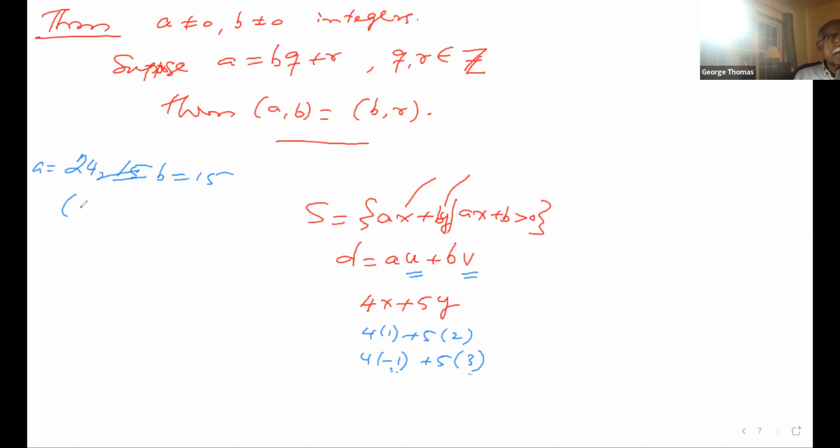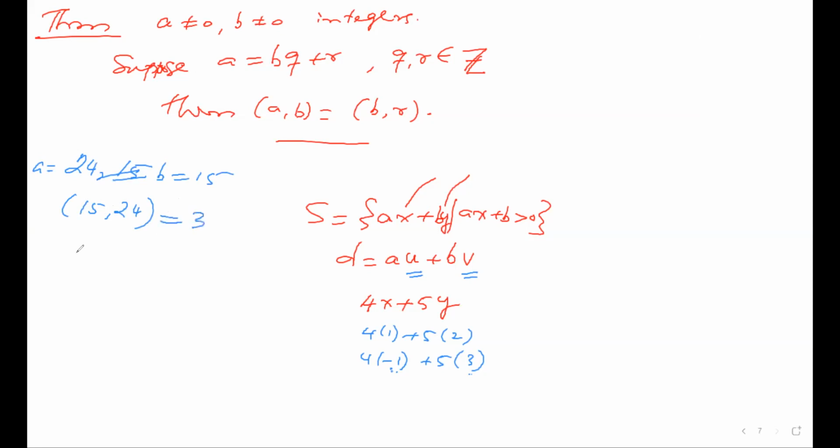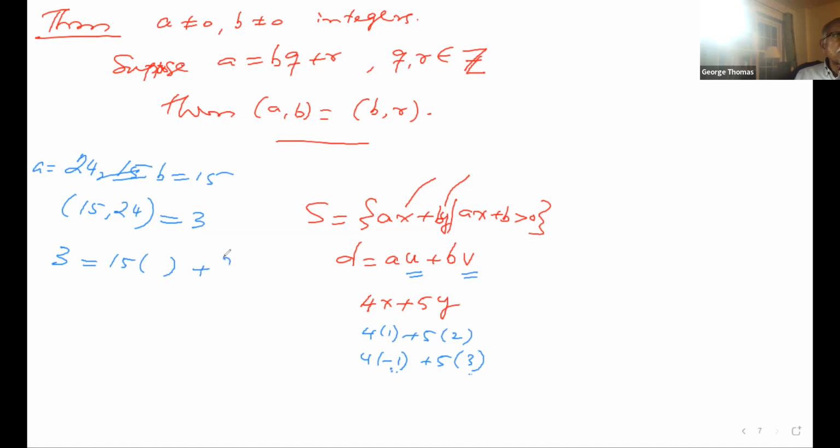Then what is the greatest common divisor? Three, sir. We are saying 3 equals 15 times something plus 24 times something.